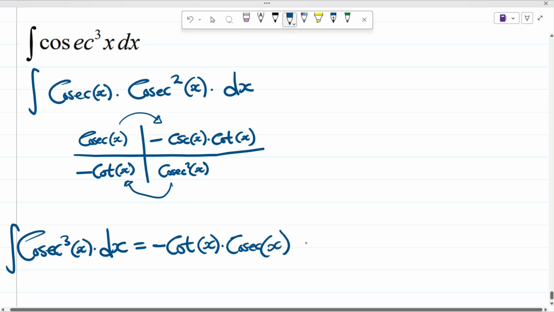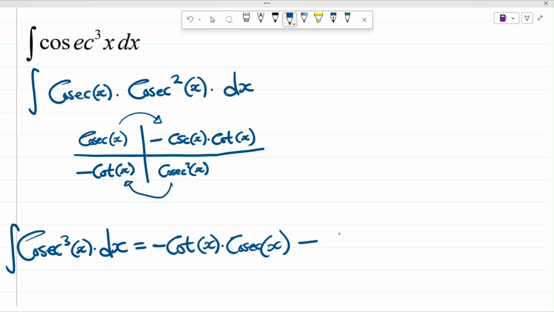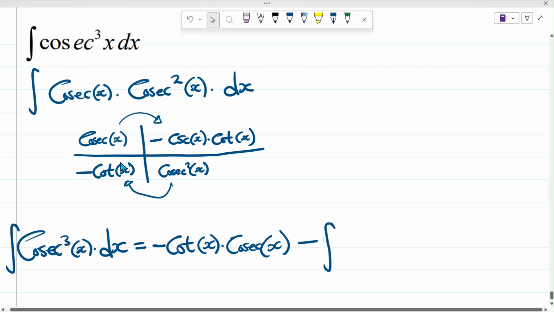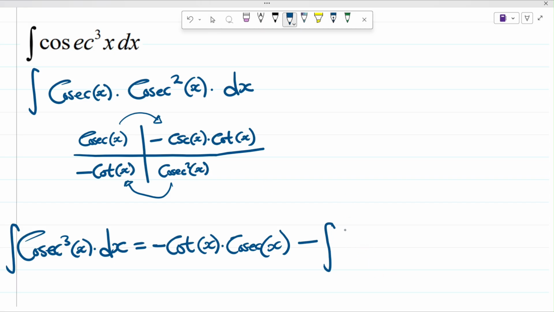Cosec of x minus the integral of, so negative and negative already inside the integral, they're going to form their own positive there. So I'm going to end up having cosec of x multiplied by cot squared of x dx, just like that.